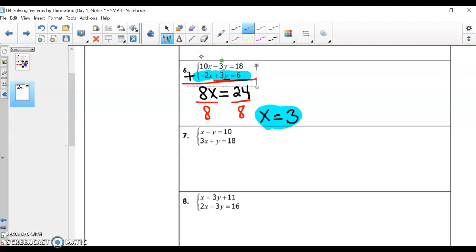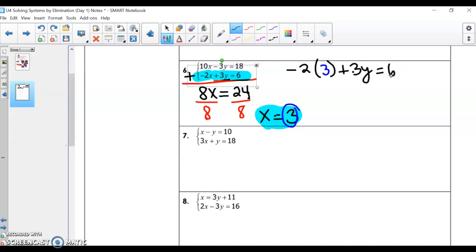When I do that, I'm going to do -2, and now I'm going to plug in this 3 we just found, and then you have plus 3y equals 6.